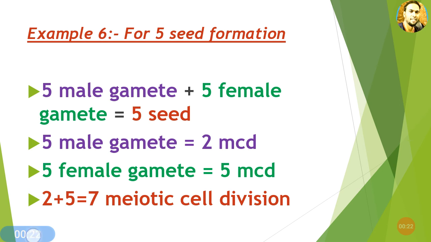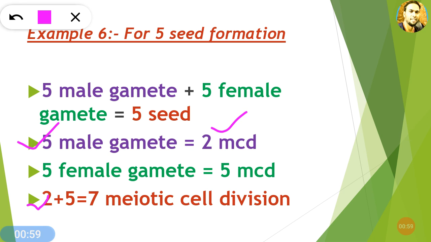So how are these 5 male gametes produced? As you know, dear students, the formula is that by one meiotic cell division, 4 pollen grains are formed, which convert into 4 male gametes. Now the figure is 5. That's why 2 cell divisions are needed, because 5 to 8 male gametes or pollen grains are formed by 2 meiotic cell divisions. So the 5 male gametes are produced by 2 meiotic cell divisions.